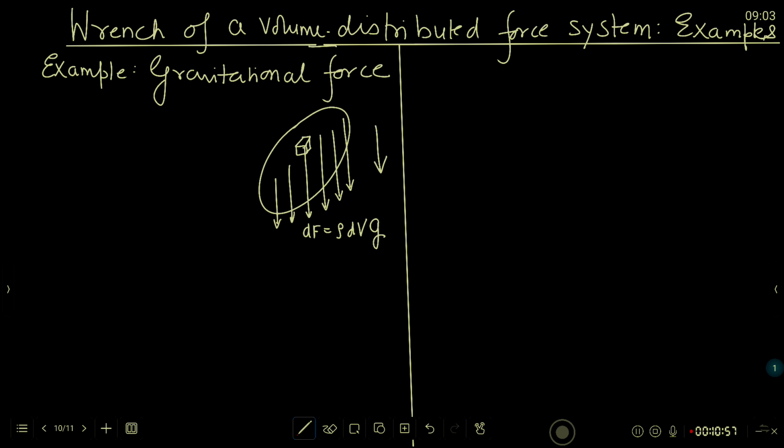So g is downwards. Such a force system is called a parallel force system. So this is not only an example of a volume distributed force system, this is also an example of a parallel force system.